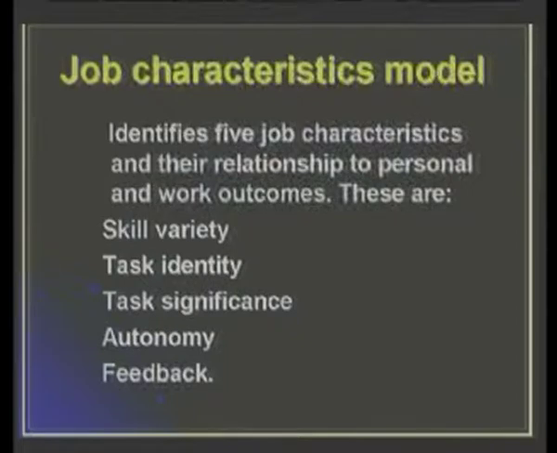The idea is that autonomy and feedback have the multiplicative quality, so they are perhaps more important in the work situation. So, the job characteristics model talks about the motivating potential score of a job, which we will discuss when we do our chapter on work motivation again. I have just tried to put the meaning of all these for you.